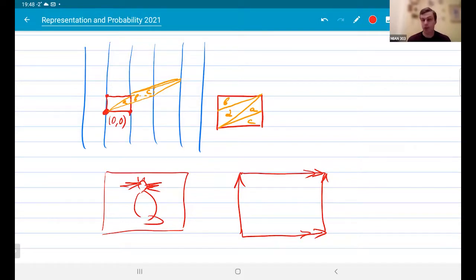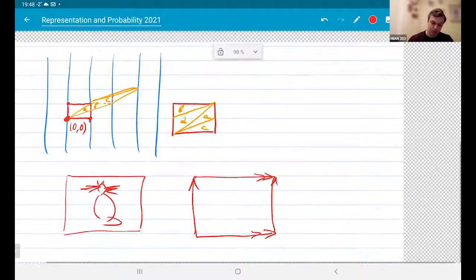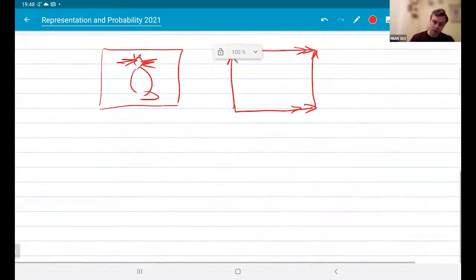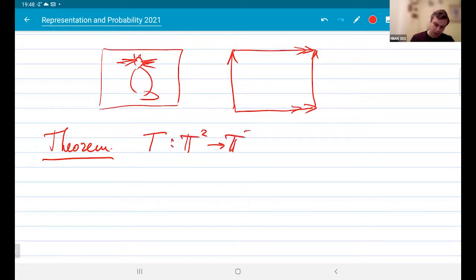And I want to say that this map, okay, let me say that this is a theorem, that T, well, of course, it conserves the Lebesgue measure.